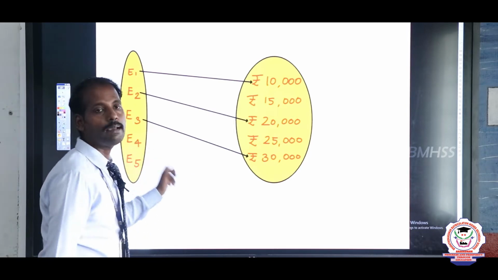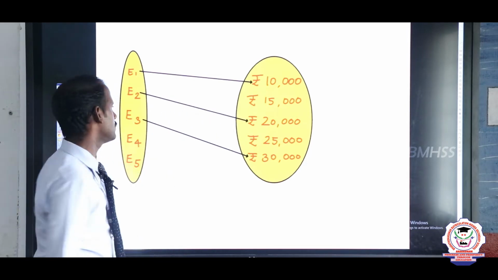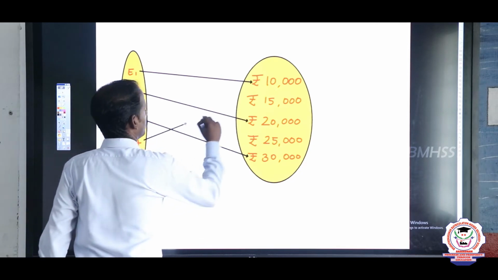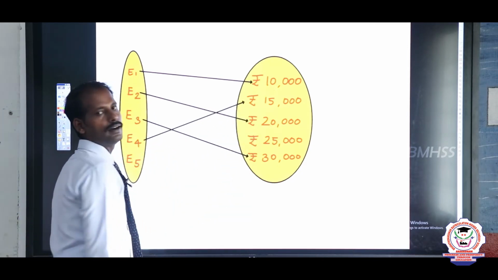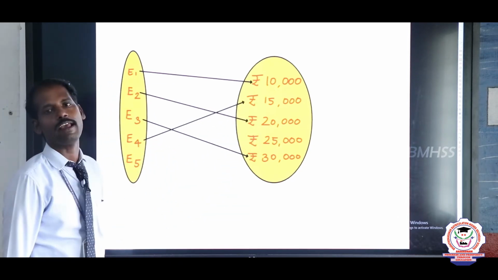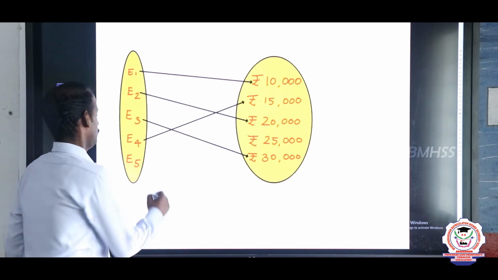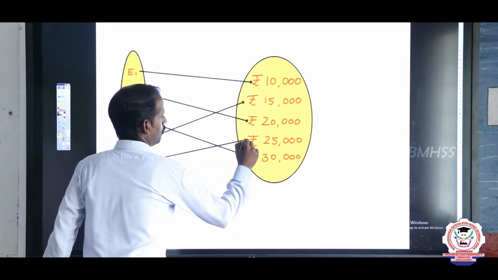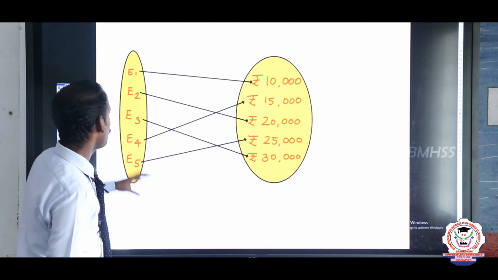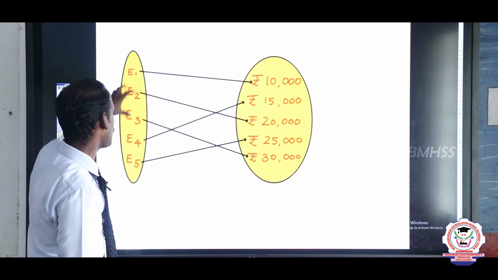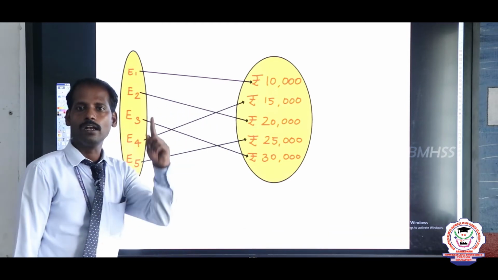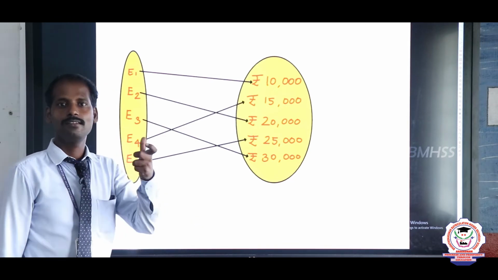Then employee 4 gets a salary of 15,000. The last employee, employee 5, gets a salary of 25,000. So 5 different categories of employees get salaries, one salary each, that is called a function.